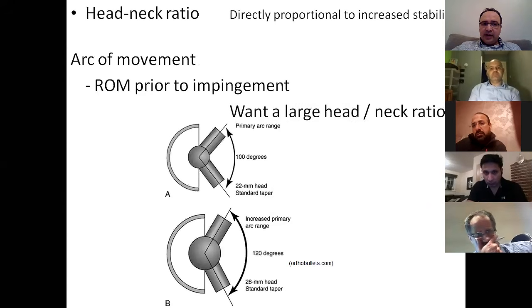The other implant factor is the head-neck ratio. Please try to use those terms, okay? They're really the proper terms. You'll impress the examiner and they will know that you know what you're talking about. So the head-neck ratio. Increased head-neck ratio is directly proportional to increased stability of the hip.